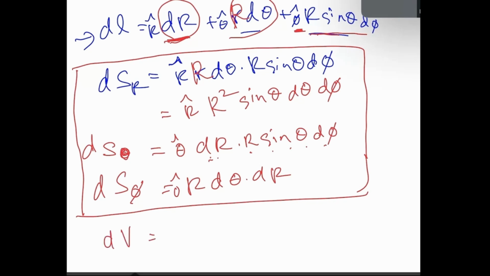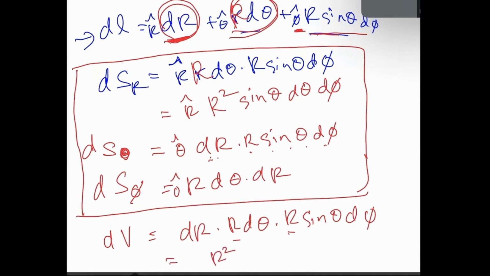Okay, last one is differential volume. We just take all the differentials: dr times r d theta times r sine theta d phi. The r and r we can combine, it will become r square sine theta dr d theta d phi.